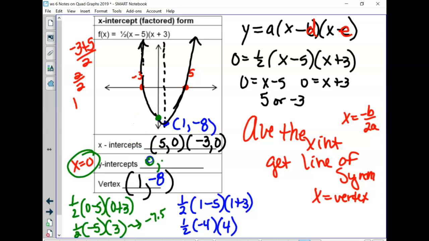So that was over 0 and down 7.5. Anybody know why that kind of makes sense to me? How much did it go over or up? Only a half. Where is that? Isn't that the stretch? When we went over 1, it would go up a half. Genius. Okay.